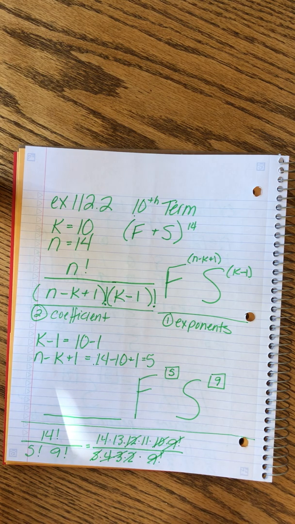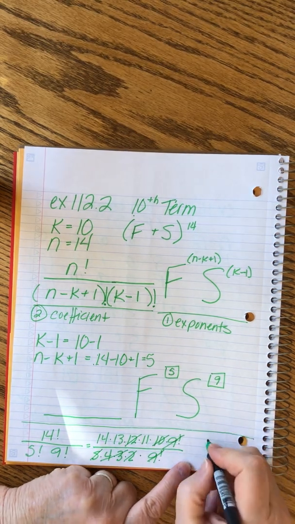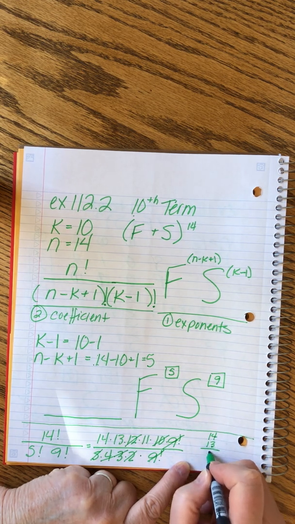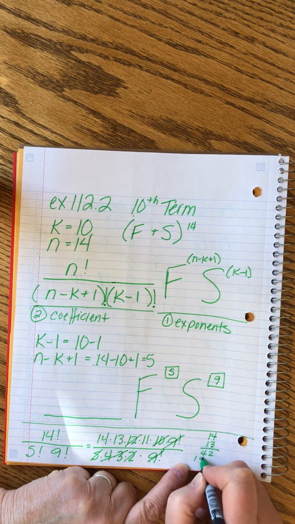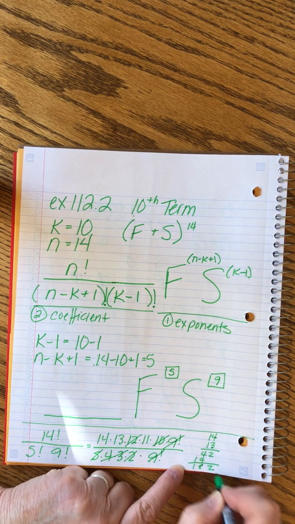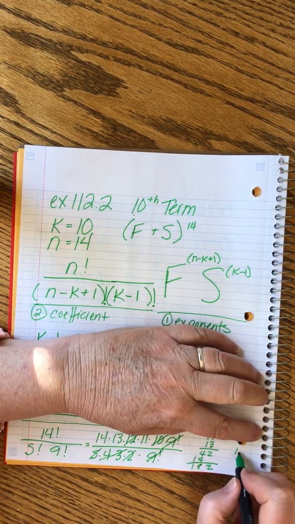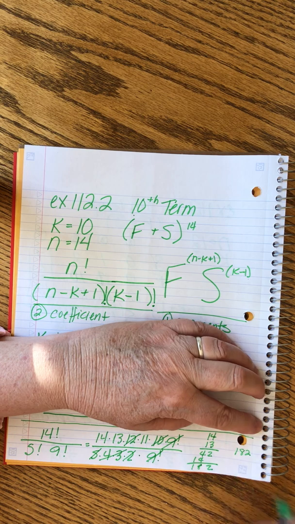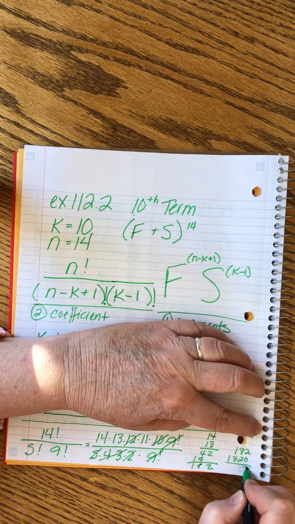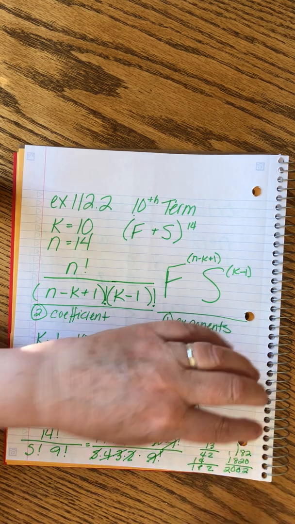14 times 13 is 182. And then I know the pattern for multiplying by 11. You just take 1 times the number and then 10 times the number and add them together. 2, 0, 0, 2.